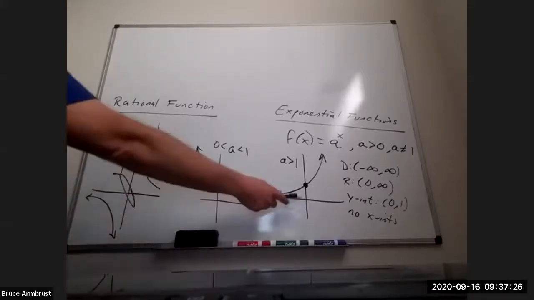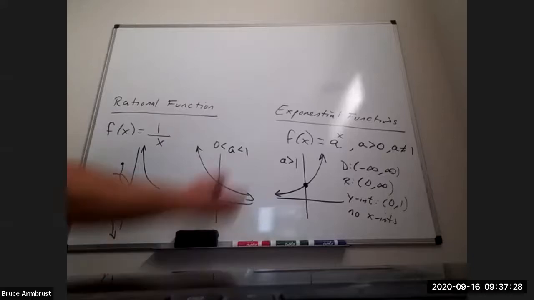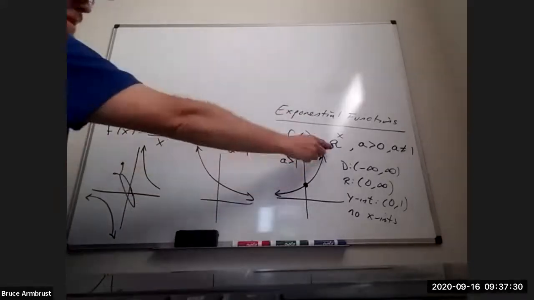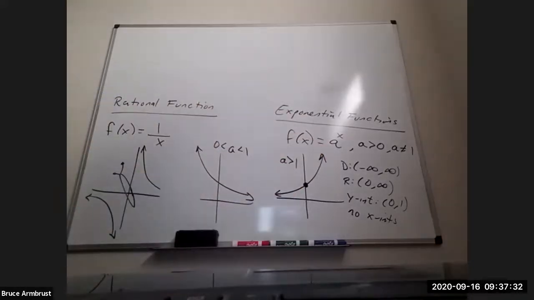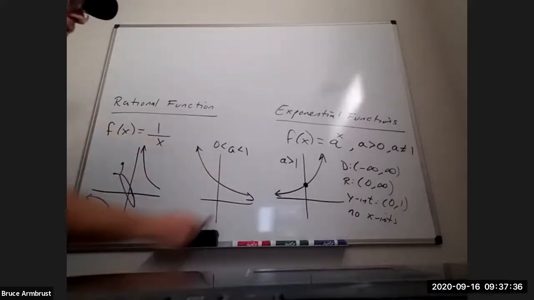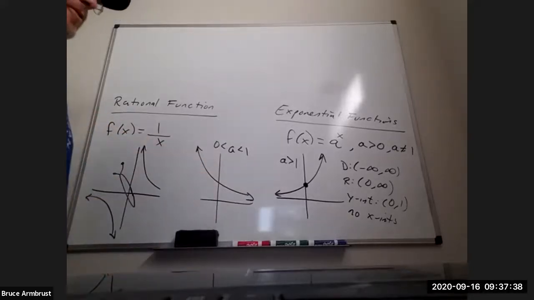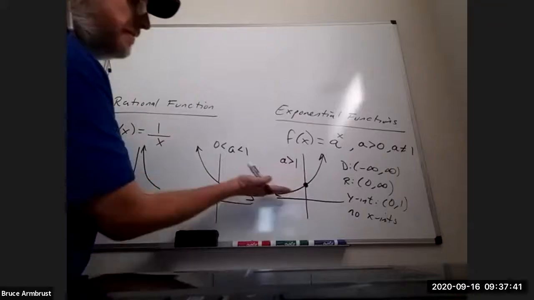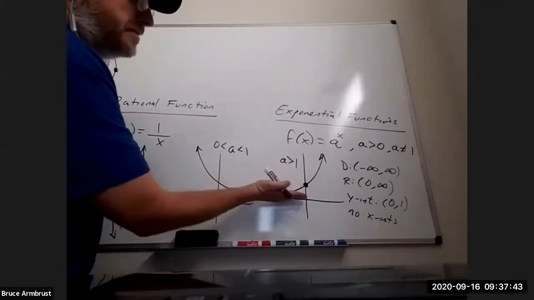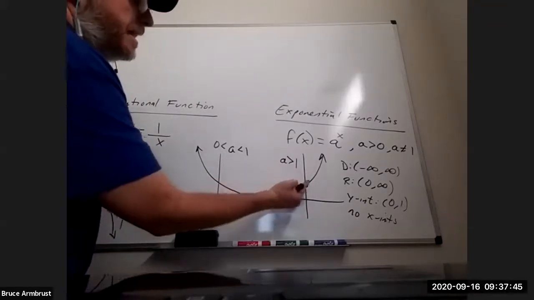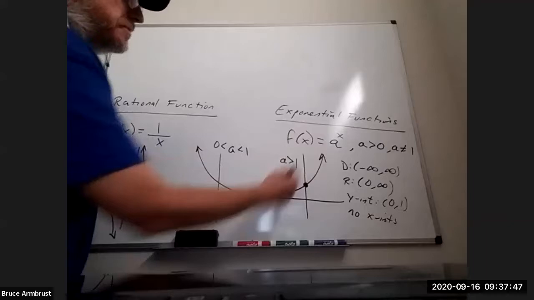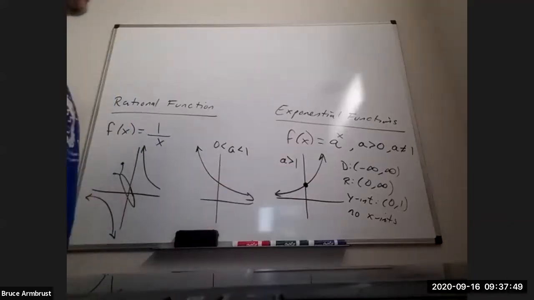All right, so again, know your general shape of an exponential. How steep it is versus how flat depends on A. The further A gets from 1, whether it's increasing or decreasing, the flatter it is by the x-axis, and the steeper it is as we move away.